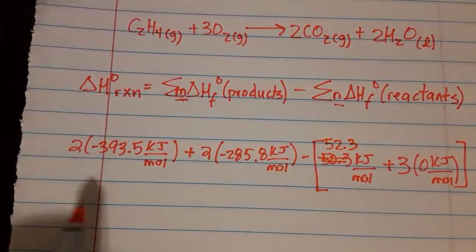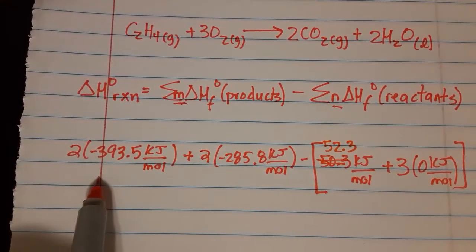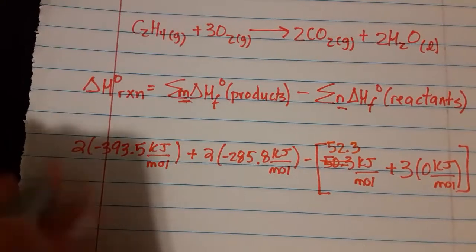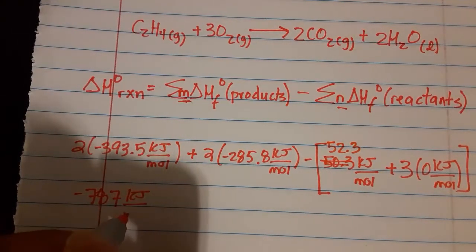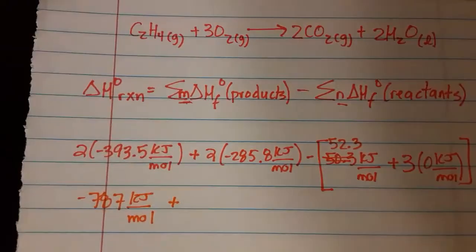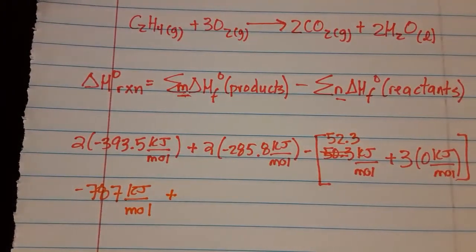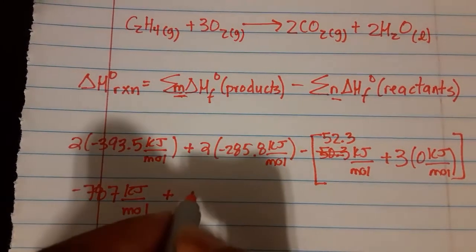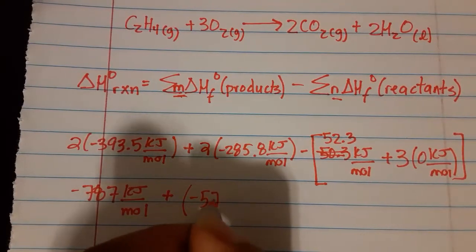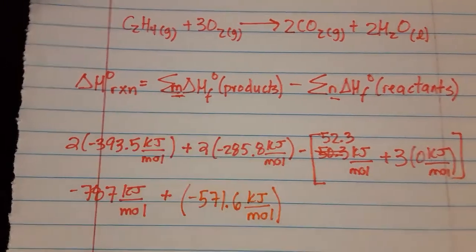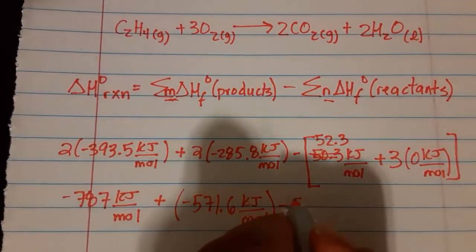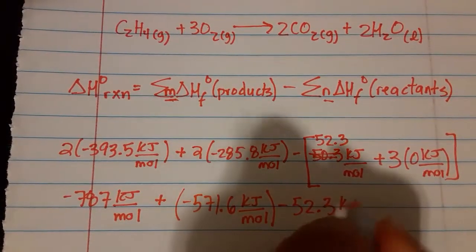All right, so 2 times minus 393.5 is minus 787 kilojoules per mole. Plus 2 times minus 285.8, which is a minus 571.6 kilojoules per mole, minus 52.3 kilojoules per mole.